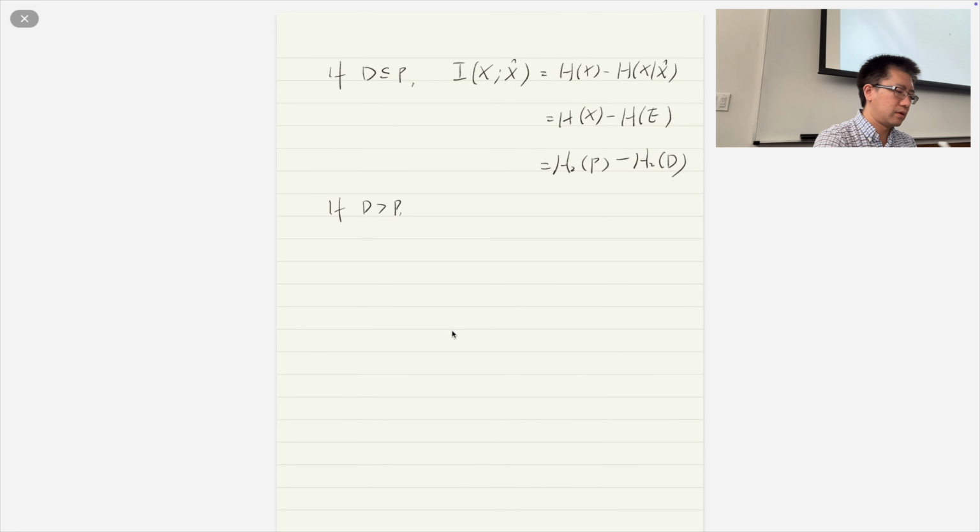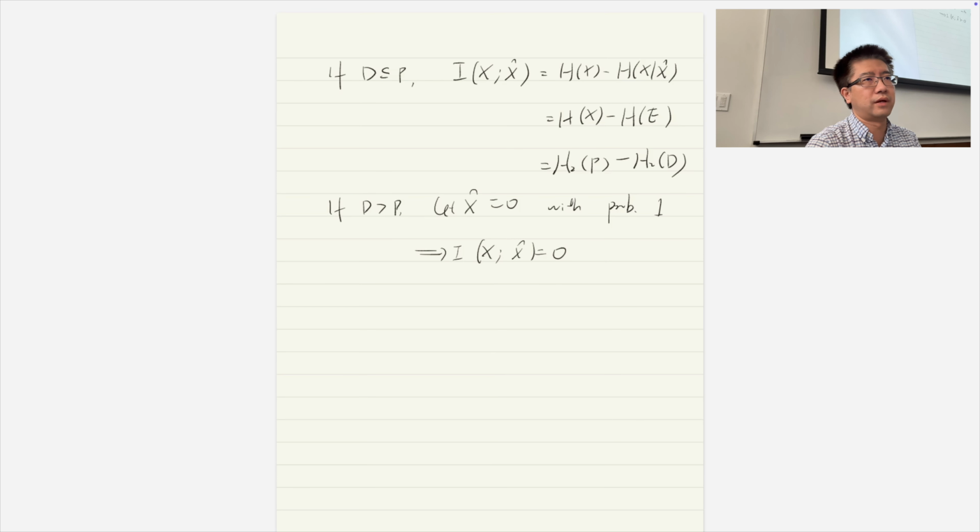So basically in this case, we just let x hat equal to 0 with probability 1. Okay, in this case, what we get is that the mutual information is basically 0 because it's an almost deterministic random variable. Therefore, the RD will basically equal 0. Okay, so basically it means that we don't do anything, right?